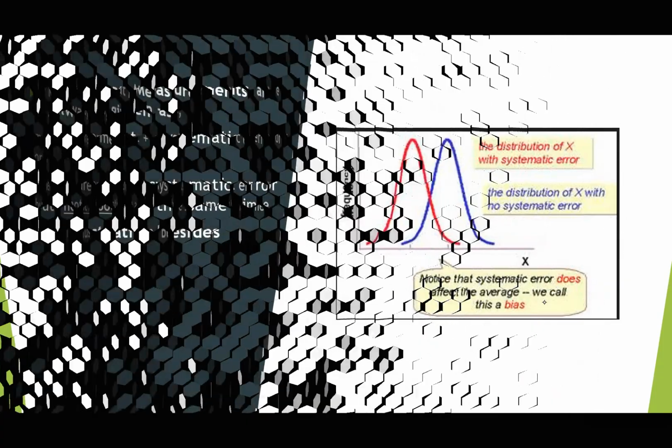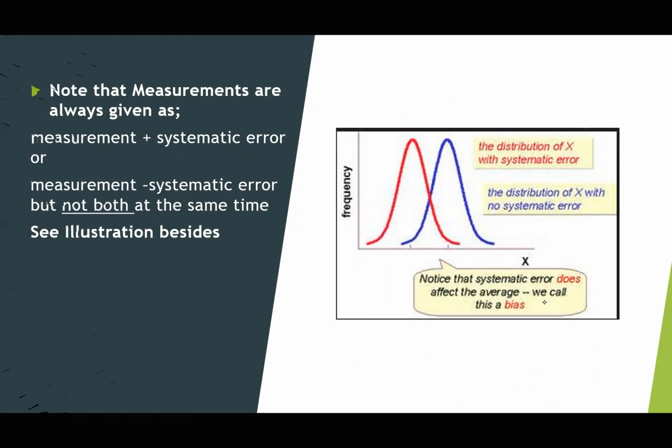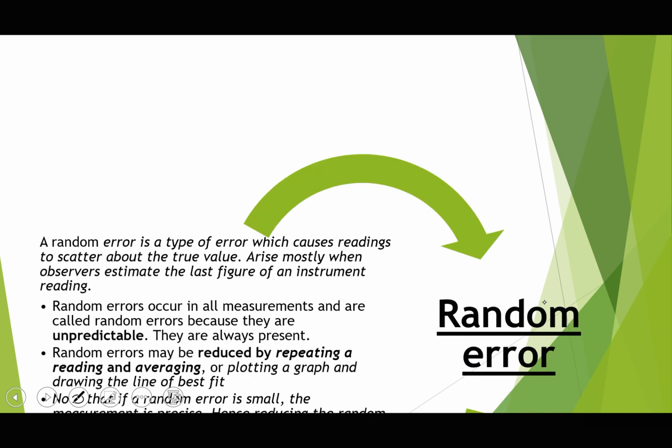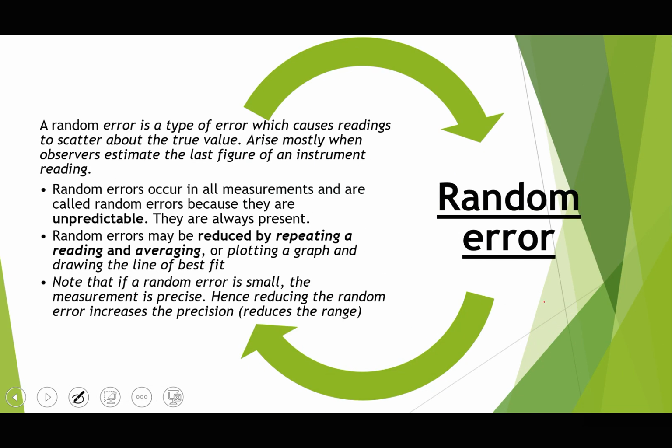Okay. On the other hand, we have also talked about the random error. Random, the word random, it is unpredictable and will always be present. Random errors will make readings to scatter about the true value. That's why we mentioned them when we were dealing with the precision.